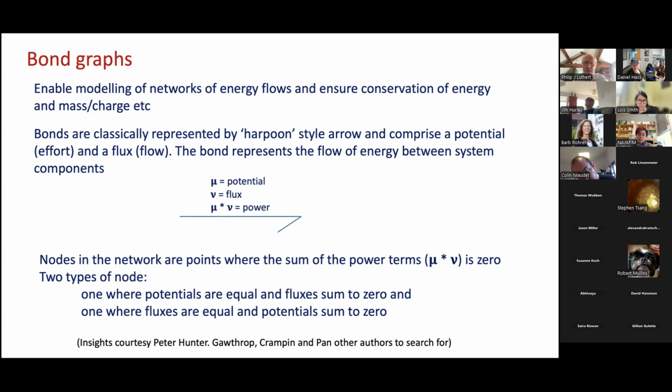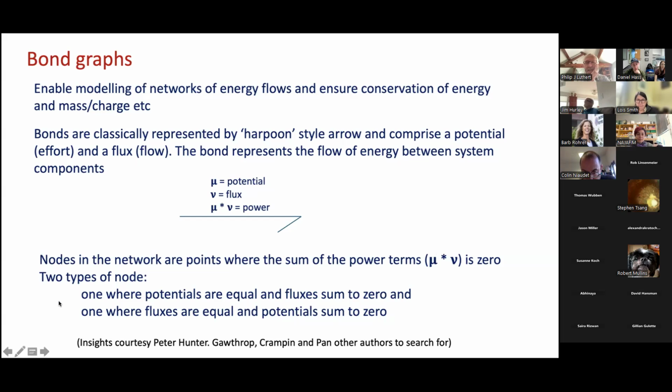And the key unit of a bond graph is the bond, which is represented classically, but I think a bit clumsily, by this harpoon. And the key thing about the bond is it shows transmission of power. And power is the product of potential or effort and flux or flow.